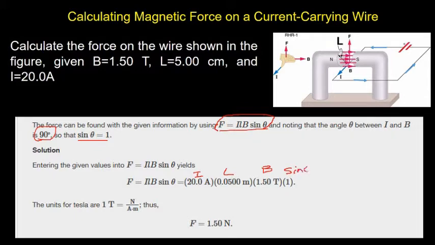This is a fairly simple calculation, and that gives us the magnetic force of 1.5 newtons. And remember, we already discussed that the direction of Lorentz force on the wire is along the positive y-axis using Fleming's rule, as explained in the previous slide.